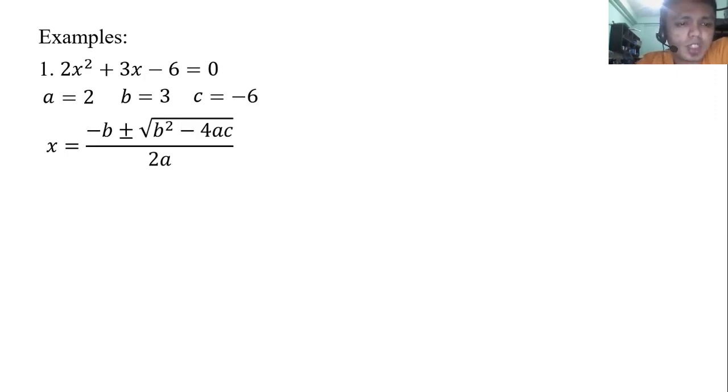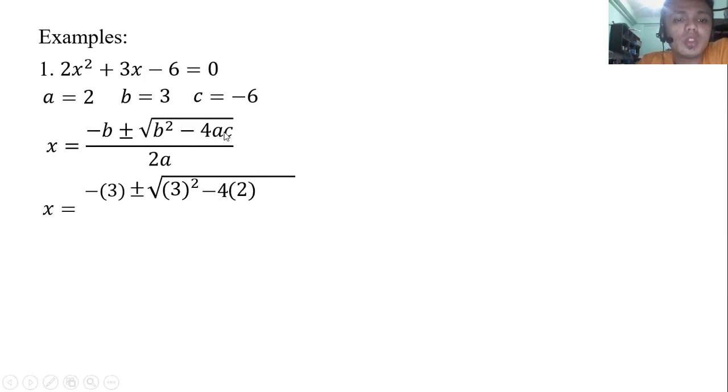And now, substitute natin, no? Palitan natin yung b ng 3. So we have negative 3 plus or minus the square root of 3 squared minus 4 times yung a natin is 2, yung c natin is negative 6, all over 2 times yung a natin is 2.